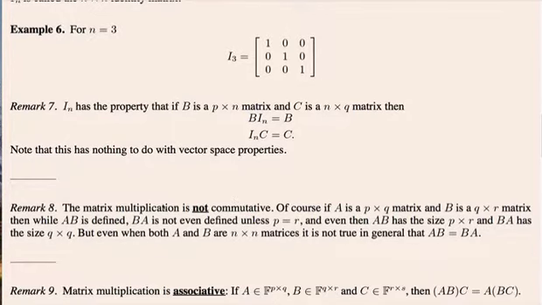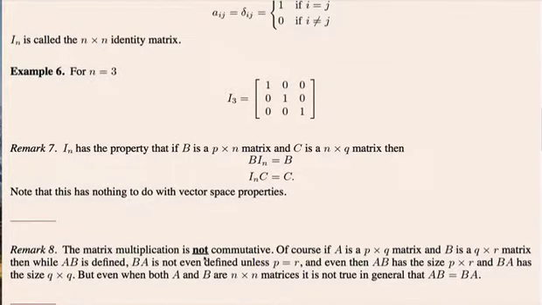Also note that matrix multiplication is not commutative. That's very important. Of course, if A is a P by Q matrix and B is a Q by R matrix, then in this case A times B is defined because Q matches in the 2 dimensions.